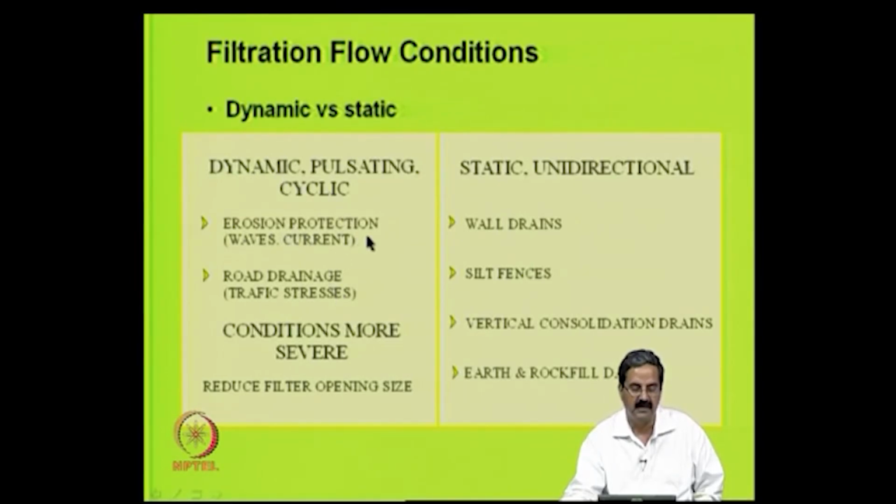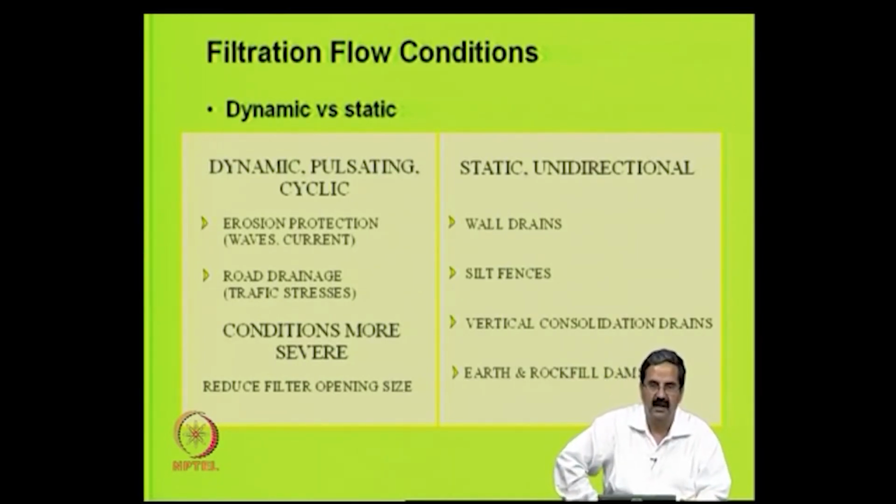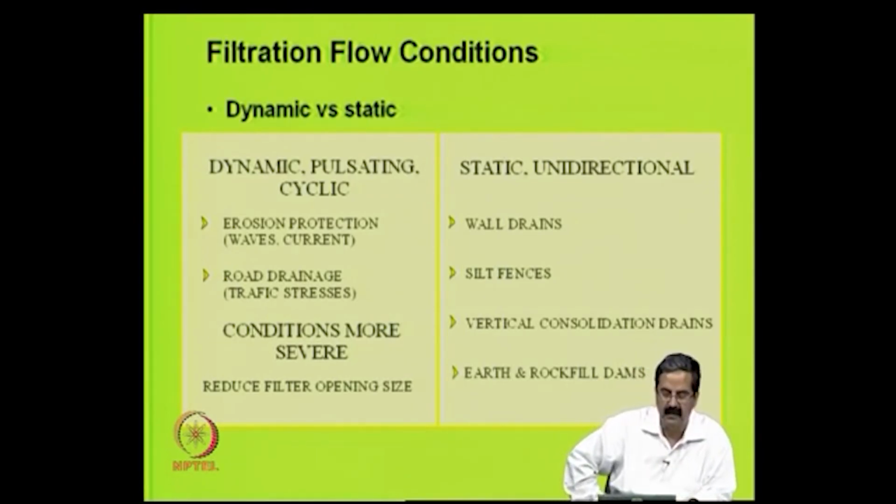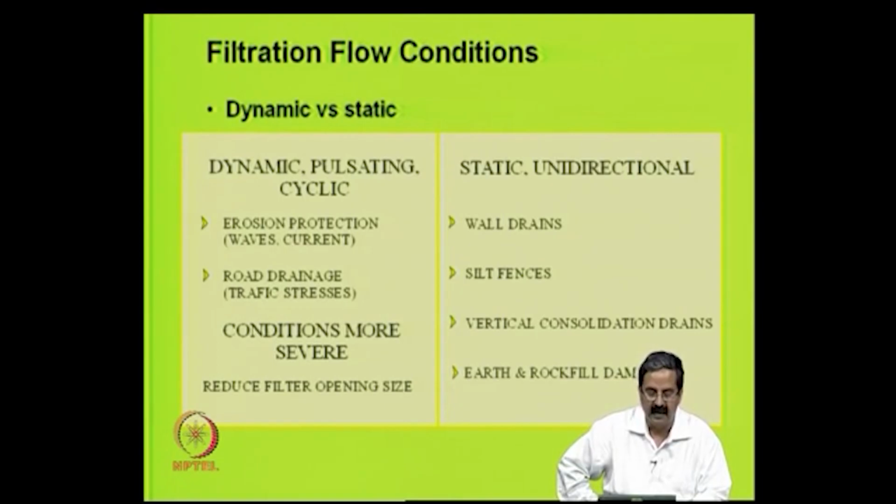Actually, in erosion protection systems, where the water comes and continuously impinges on the shore protection systems, it is dynamic. Road drainage is a combination of traffic, and the moment there is a load from the traffic, the water goes out, and there is always that cyclical response at the fundamental level, and the conditions are supposed to be more severe here.